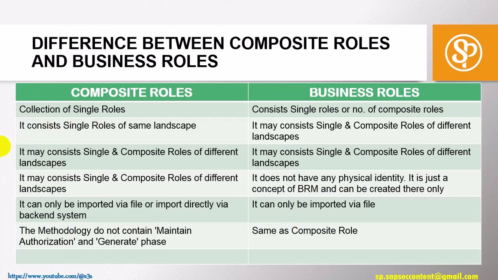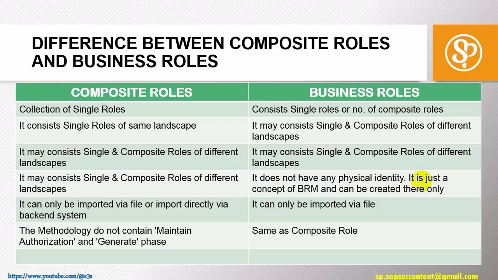The third point is that different landscapes are not possible for a composite role, but are possible in a business role. For each individual composite role, physical roles exist. In the BRM system, only the composite roles are physical entities, but the complete definition in the GRC system is a logical entity.